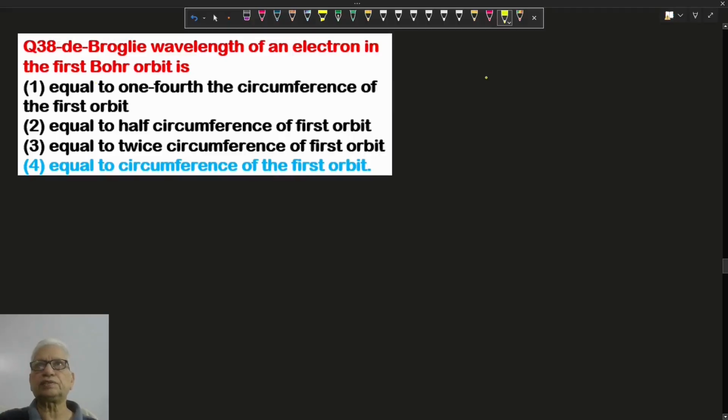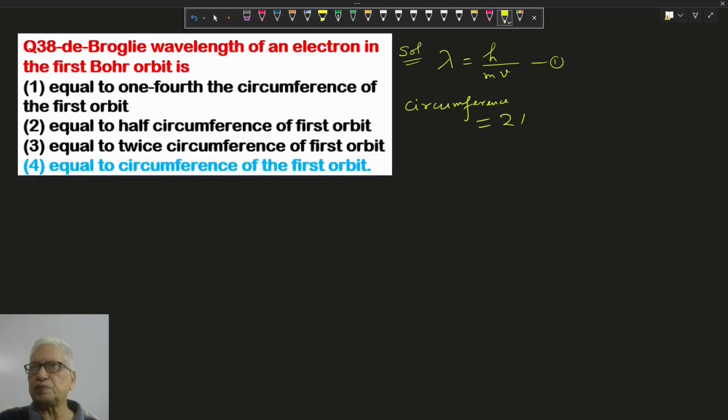In this question, the de-Broglie wavelength. First of all, the de-Broglie wavelength we know is h upon mv, and the circumference formula is 2 pi r.